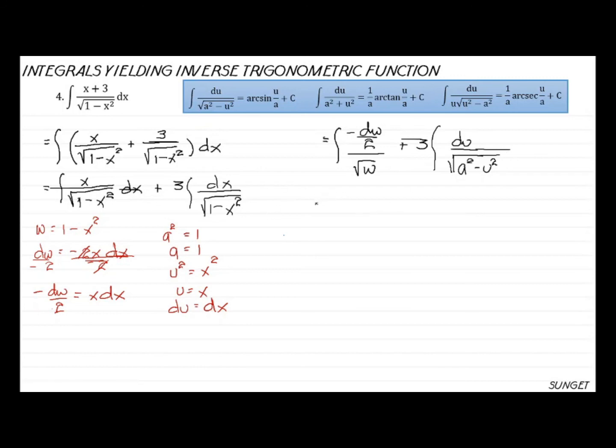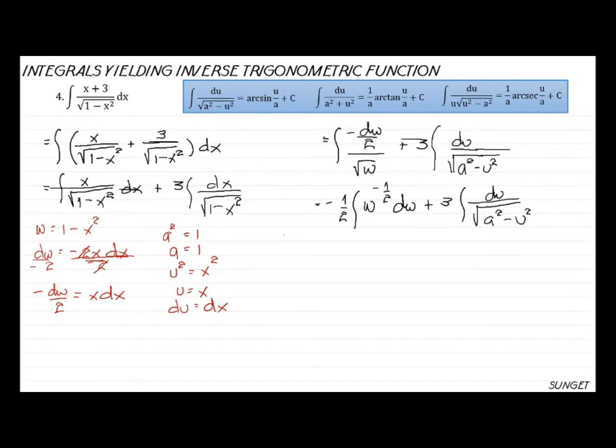Then applying the constant multiple rule, negative 1/2 times the integral of w raised to negative 1/2 dw plus 3 times the integral of du over square root of a squared minus u squared.